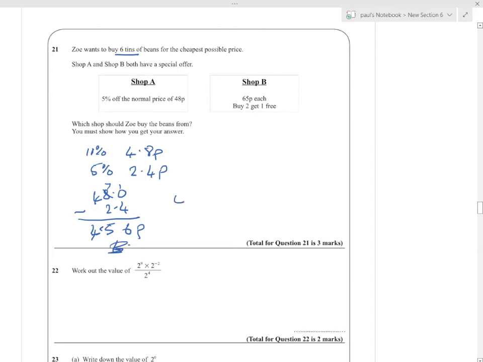No room. 4.56 times 6. 6 sixes are 36. 5 sixes are 30, and the 3. 6 fours are 24, 27. So it will cost us... what was it going to cost us? Is that pence? 27 pence? No. Hang on. What have I done? Right.